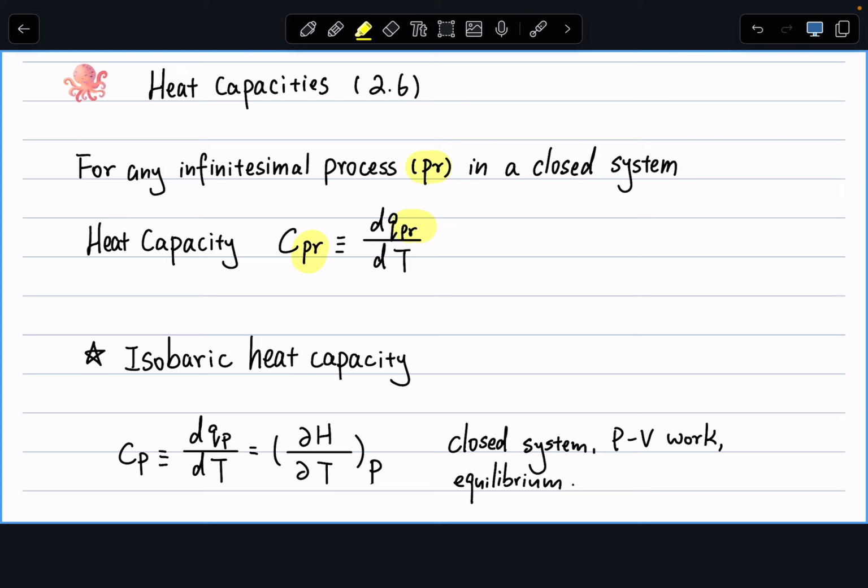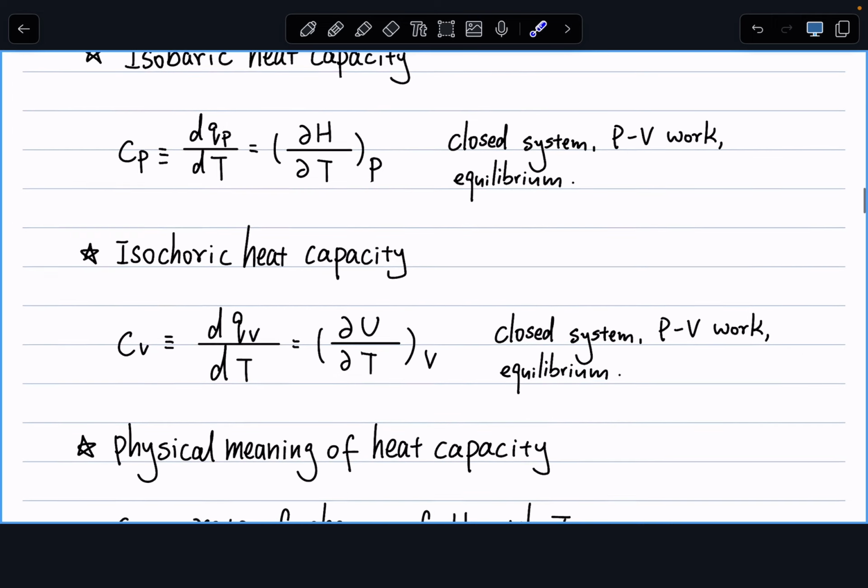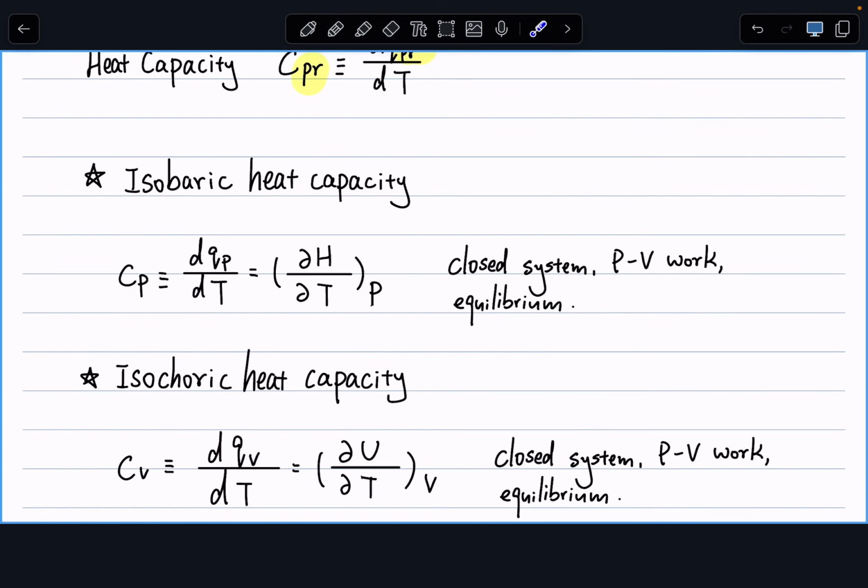In thermodynamics, we have two common heat capacities that we will be using constantly. For any infinitesimal change in a closed system, we can define that change as an isobaric process.